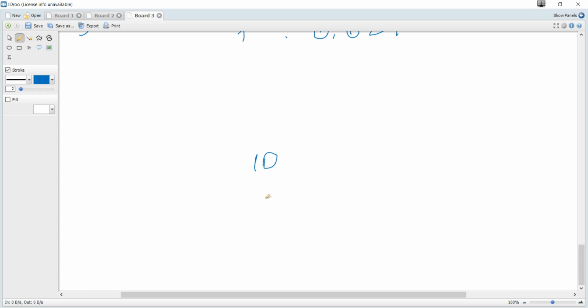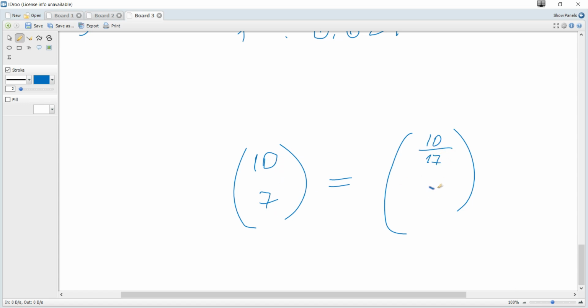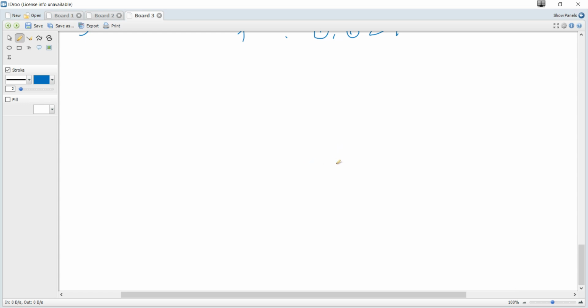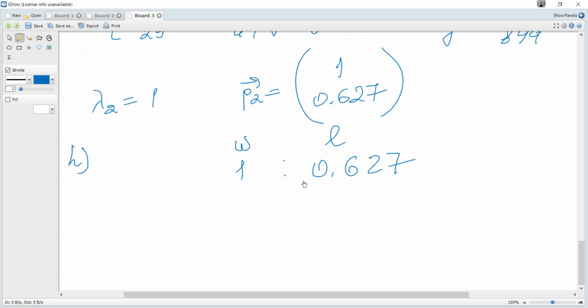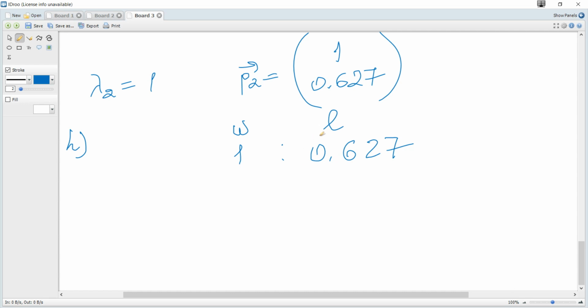For example, if it's 10 to 7, if scaled to 1, there are 17 parts in total, so it's 10 over 17 and 7 over 17. Now sum is 1, its total probability is 1, and it gives us probabilities that after a long period of time Argentina, or let's do here also be scaled to 1.